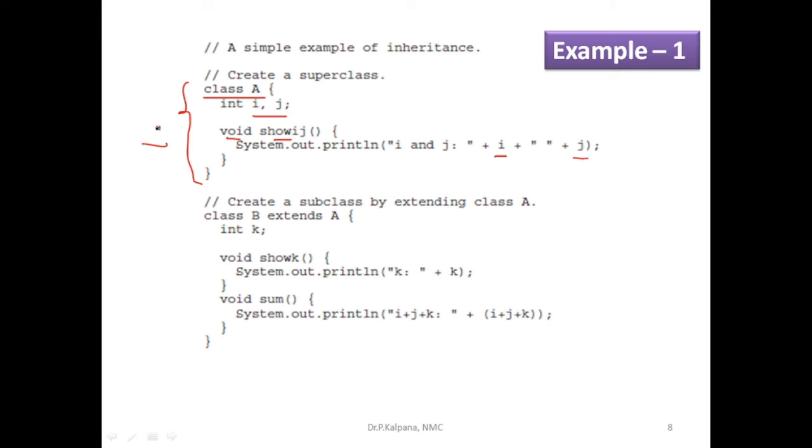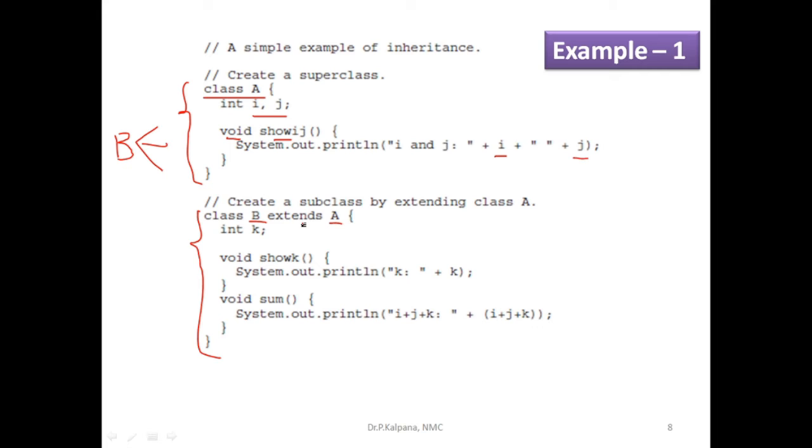Here, this class is the base class. And next, consider class B. Now the name of the class is B, but look at the keyword extends A, which means B is extended from A, which means B is a subclass and it is derived from A, where A is the superclass.